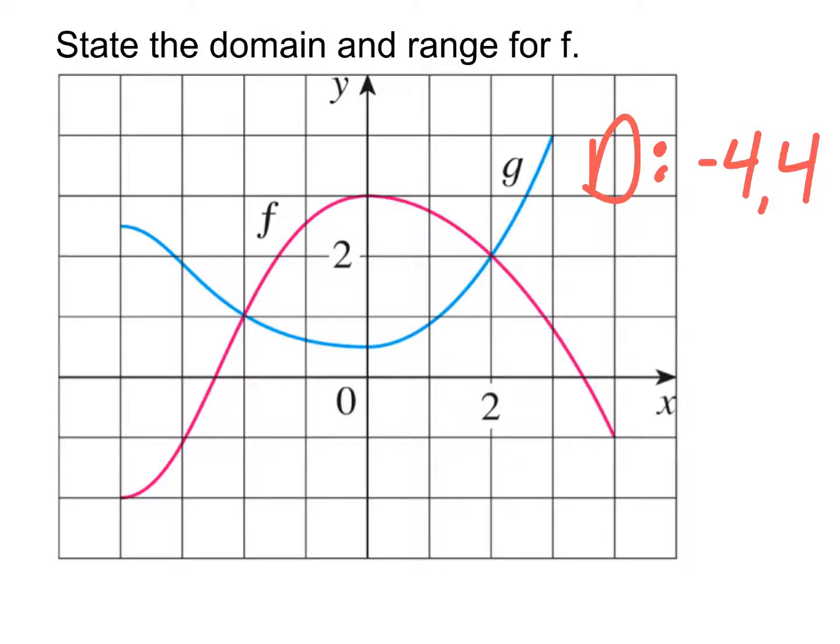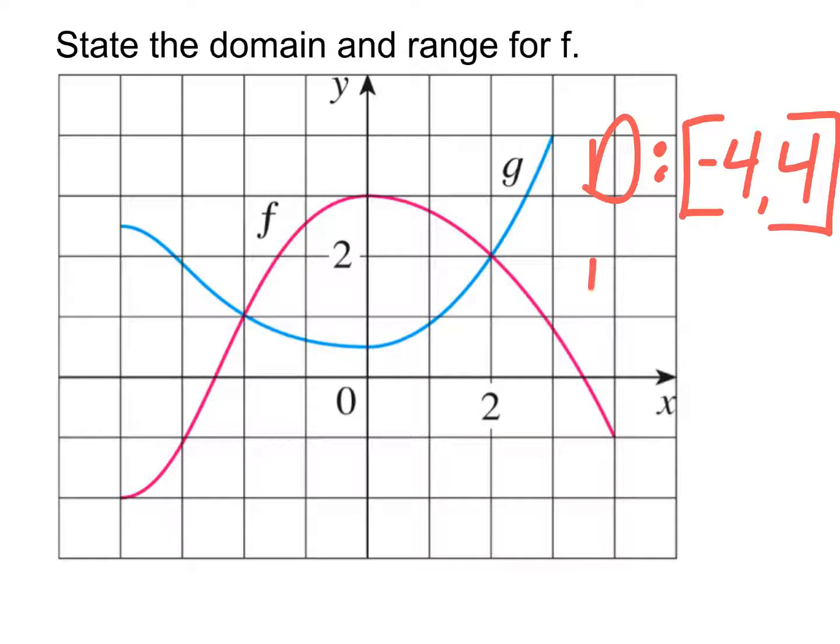The answer actually is yes. And so that means square bracket, because square bracket means it's included. Now how do I know it's included? Because there's not an open dot at the end. If there were an open dot at the end of that graph, that would mean not included. But since there isn't one, yes, that's going to be included there. So on the right side at 4, is that included? Yeah, so square bracket there.